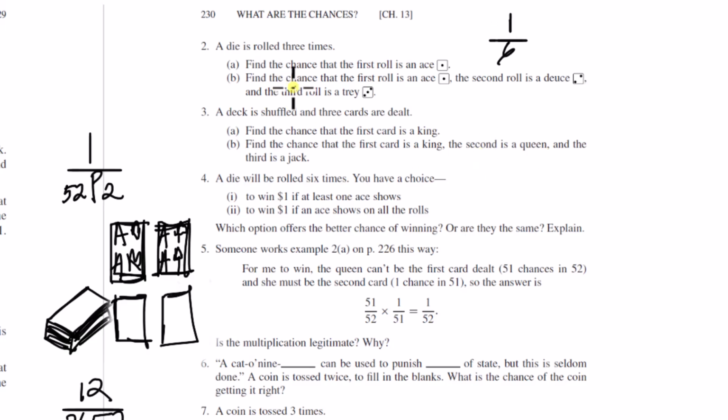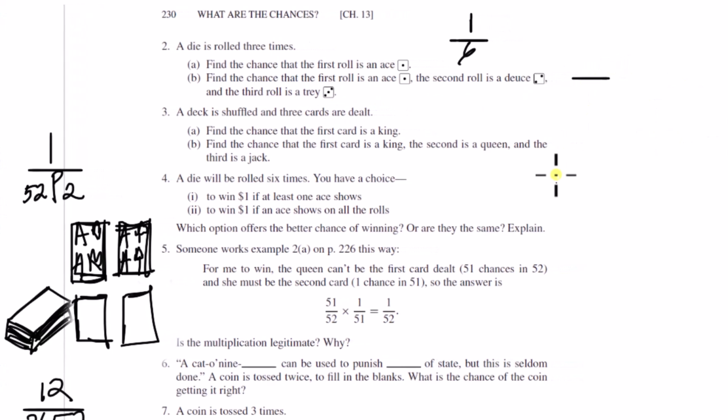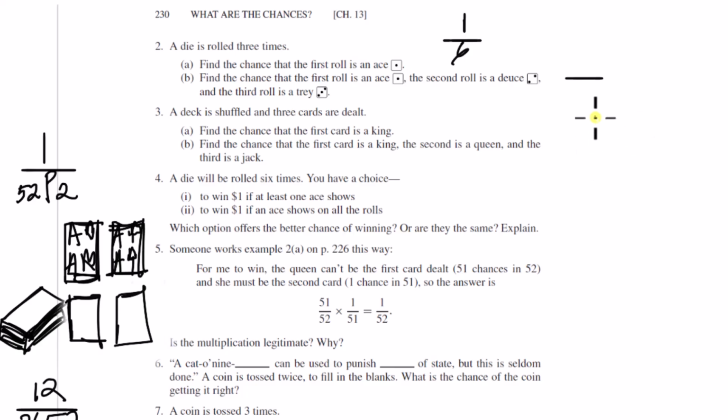Right, but that wasn't a multiplication rule. Now we're going to do the multiplication rule. So find the chance that the first roll is an ace, the second roll is a deuce, and the third roll is a 3. What are the total number of outcomes here? If you're confused about the total number of outcomes, remember it's really helpful to list out a few of them to see what exactly it is you're counting. So we could have a 1, a 4, and a 3.